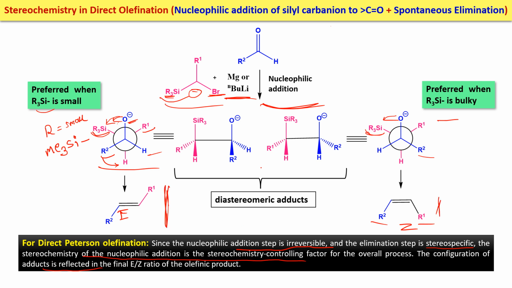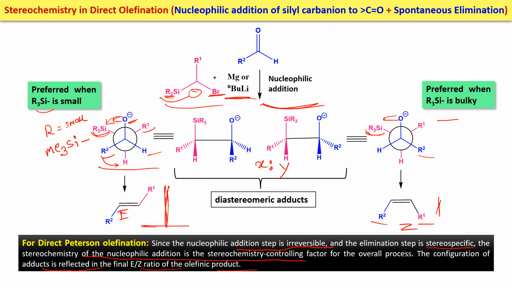So suppose I say the ratio is X to Y, then these two, E and Z, will also be X to Y. That is what is written here, that the configuration of the adducts will be reflected in the final E/Z ratio of the olefinic product.